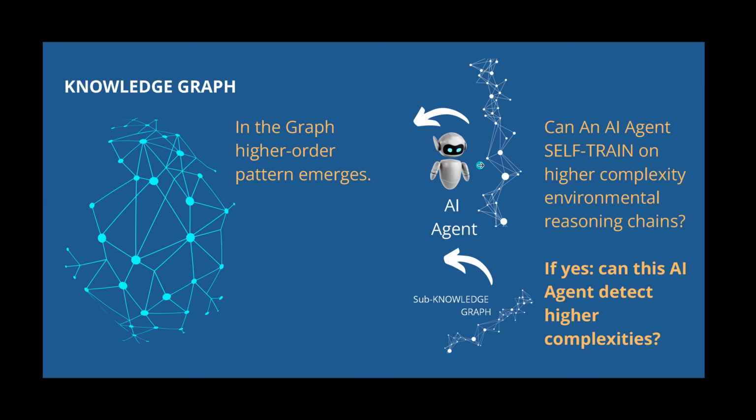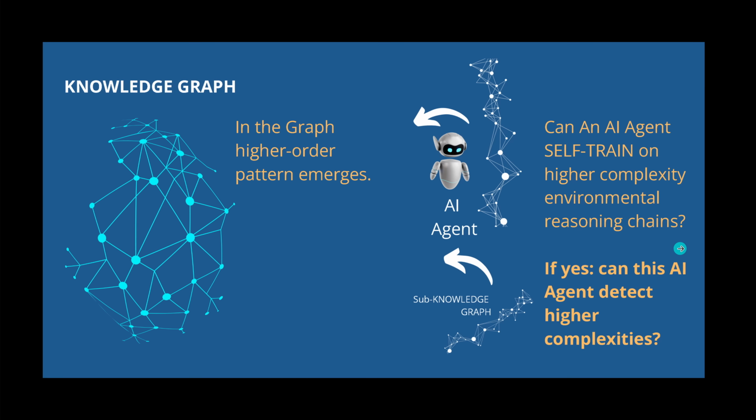We know that an agent trained with a higher complexity data set will perform this higher complexity task. But the point is, can an agent with its given intelligence detect higher complexity in the environment? Or is it limited inherently by its maximum complexity knowledge that it can detect, analyze, and understand?